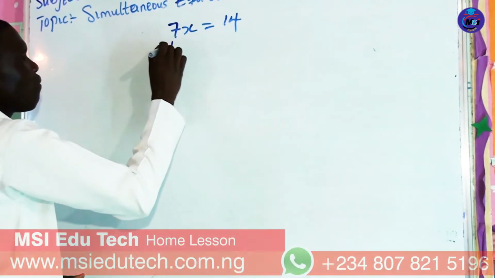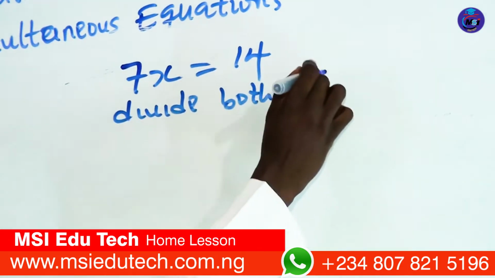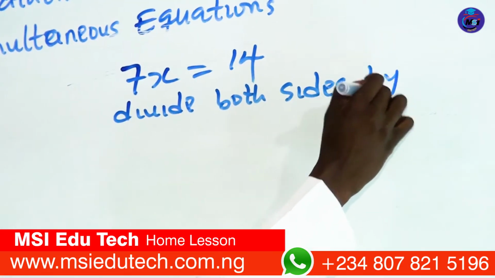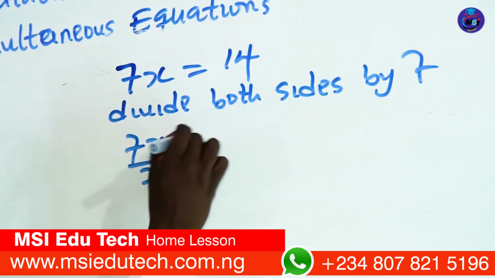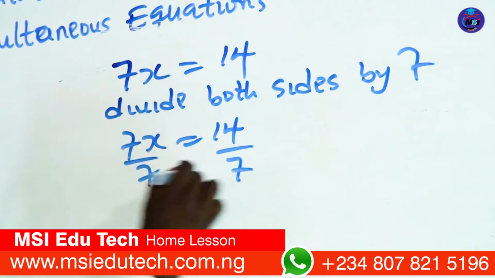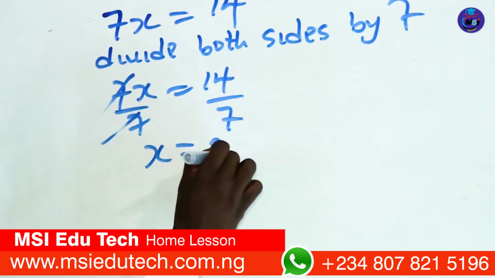Now, divide both sides by 7. What are we going to get? 7x divided by 7 equals 14 divided by 7. 7 cancels 7. x will give us 2.